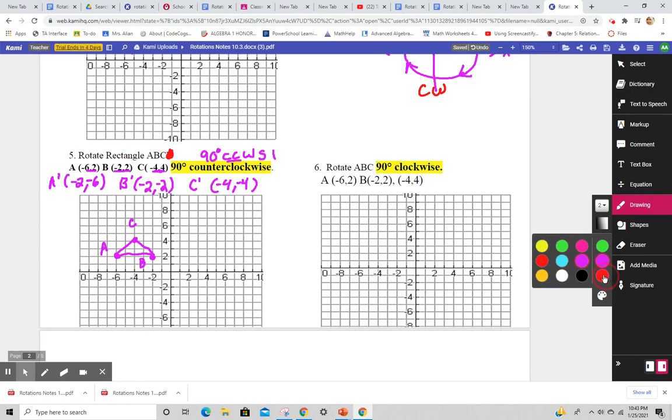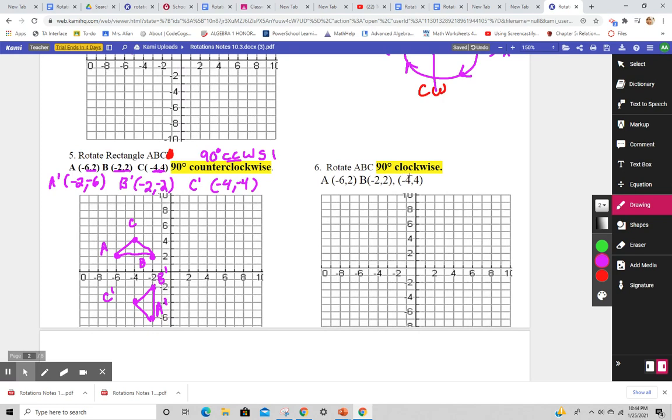Well, let's plot those points. A prime is located at -2 down 6. B prime is located at -2, -2. C prime is located at -4, -4. So there it is.